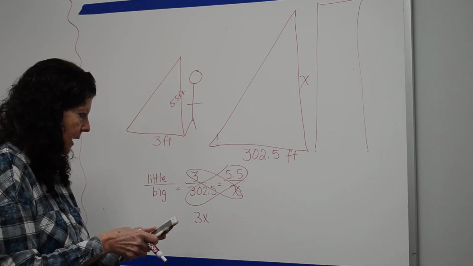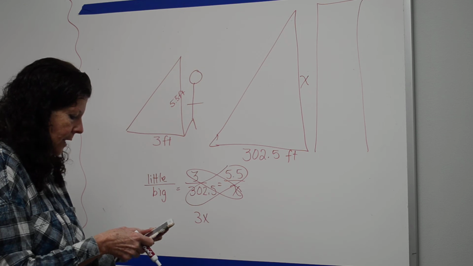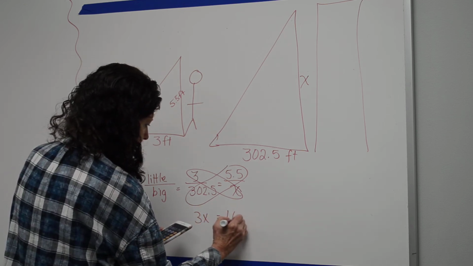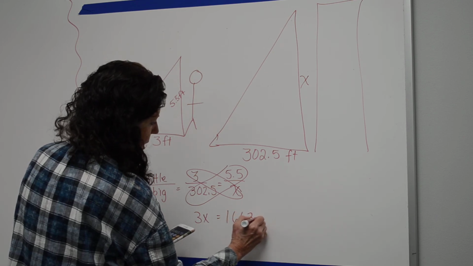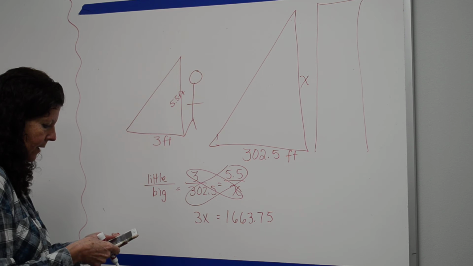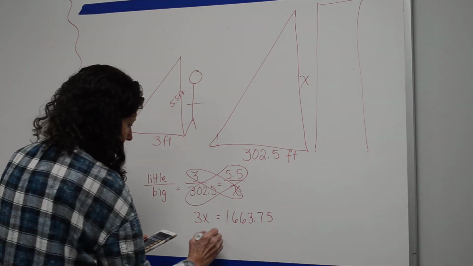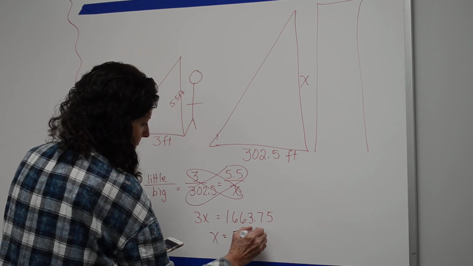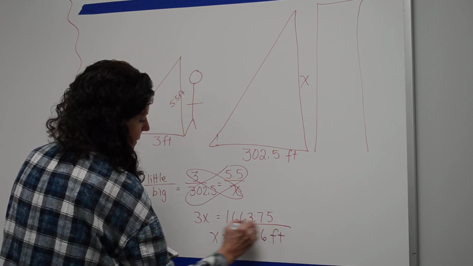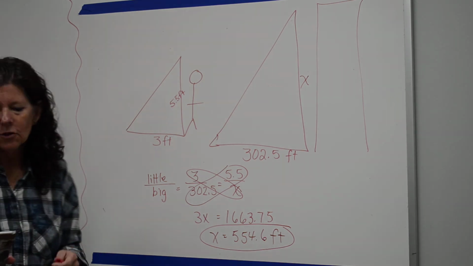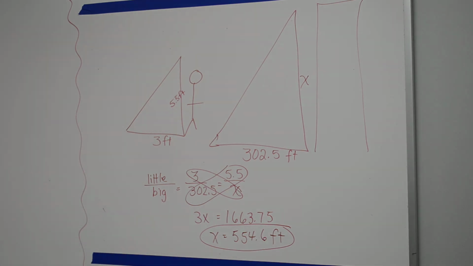So 302.5 times 5.5 is going to give me 1,663.75. Obviously I'm going to take that and divide it by 3. And I'm going to get the fact that the statue is 554.6 feet. And that's how you use this information with a word problem.